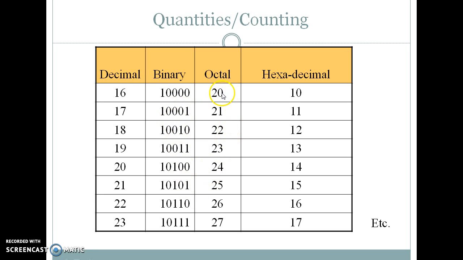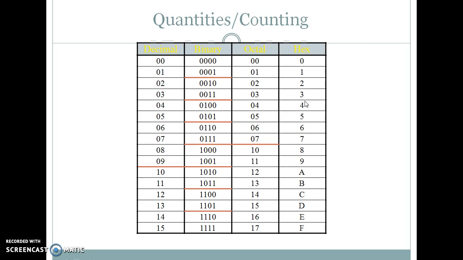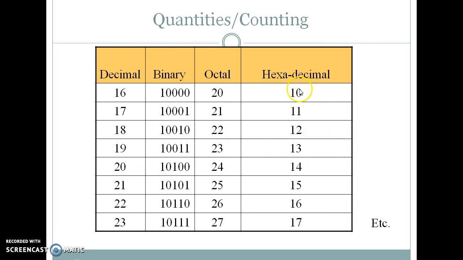For octal, it is 20, 21, 22, and so on to 27. For the hexadecimal number system, as in the previous slide, it is finished up to F. So the next number comes out to be 10, which again goes on from 0, 1, 2, 3, 4 up to 7, 8, 9, A, B, C, D, E, F.